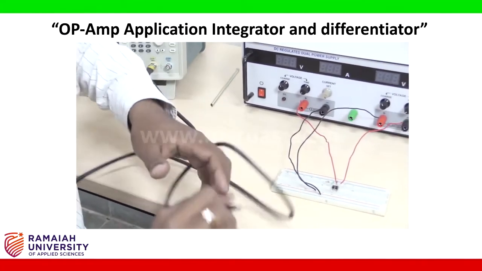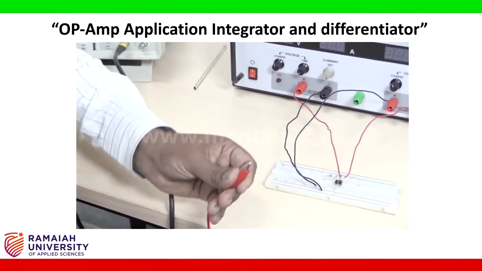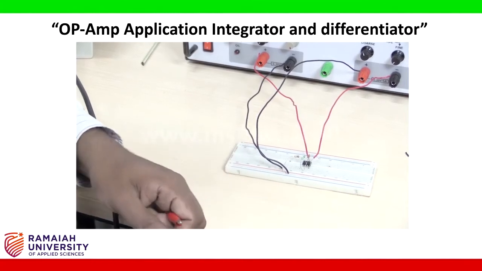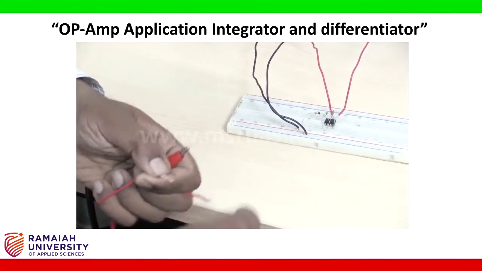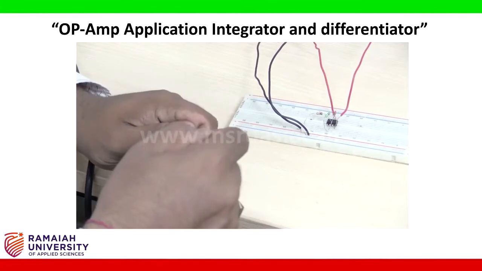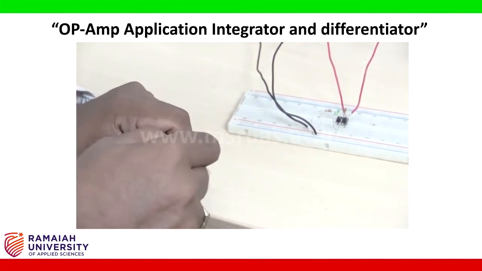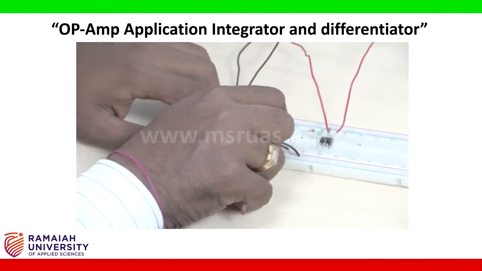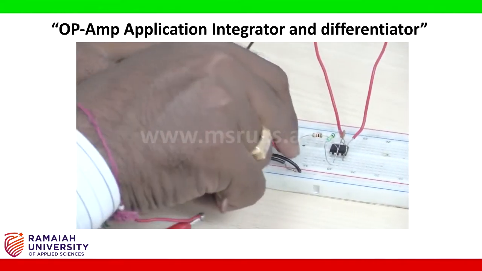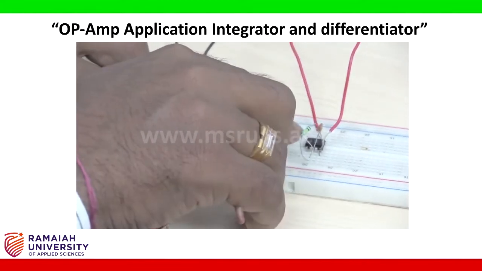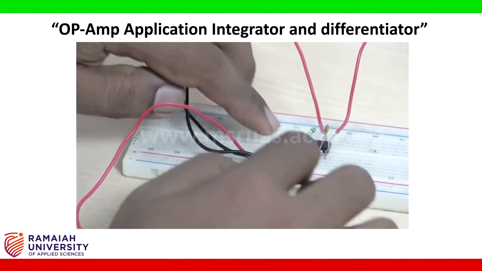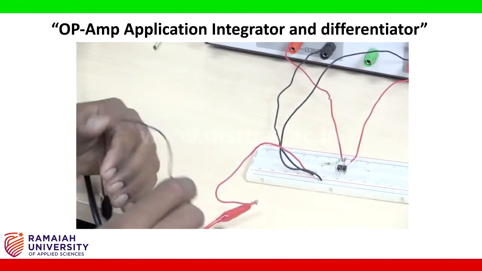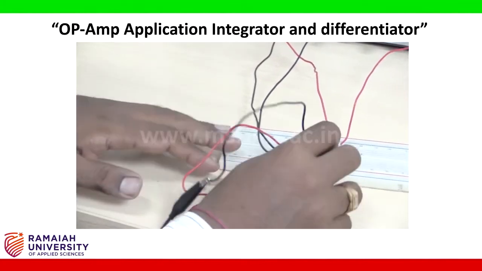So the positive terminal is connected to this resistor. Series line I am connecting to this resistor. The negative of this wire will be connected to ground.